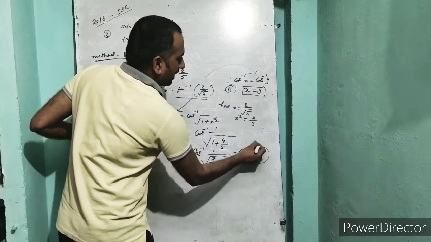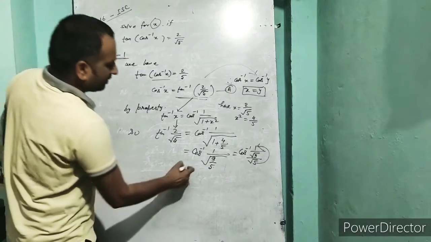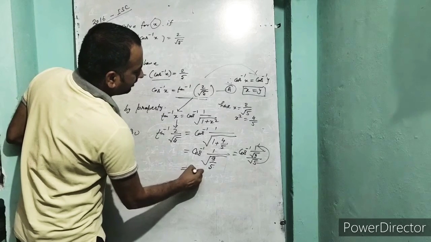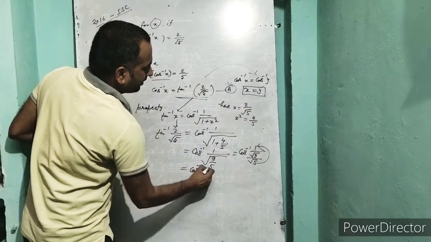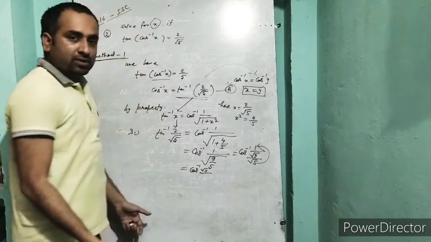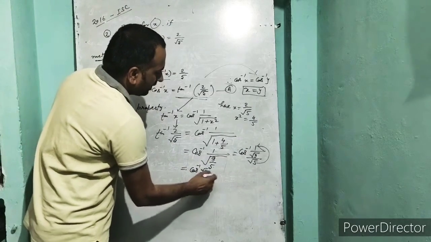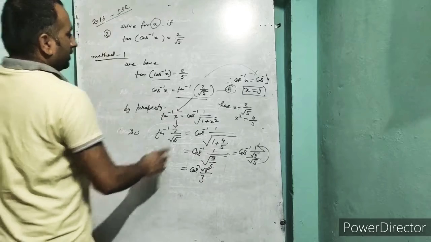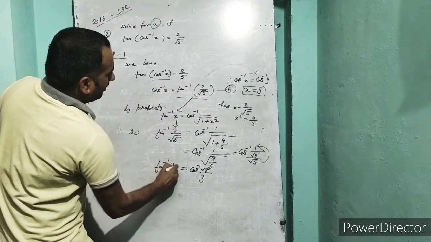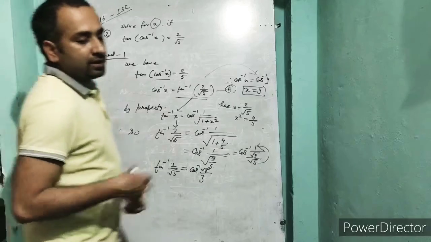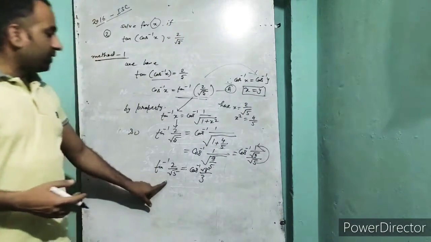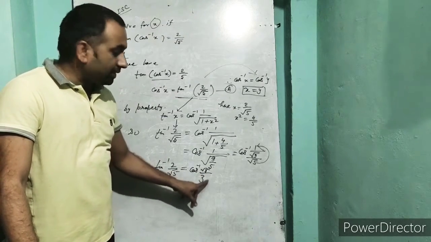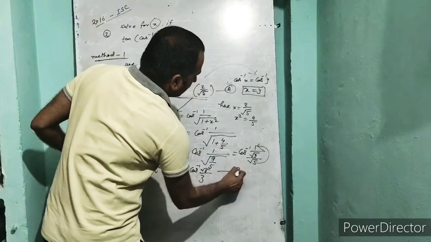This root 5 will be multiplied by 1, so this gives cos inverse root 5 upon root 9, and root 9 is 3. So tan inverse 2 upon root 5 can be changed into cos inverse root 5 upon 3. Suppose this is equation number B.